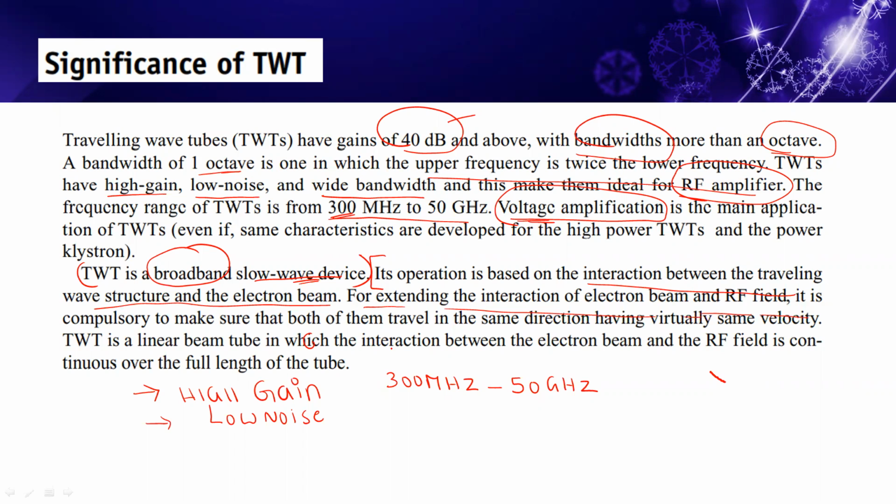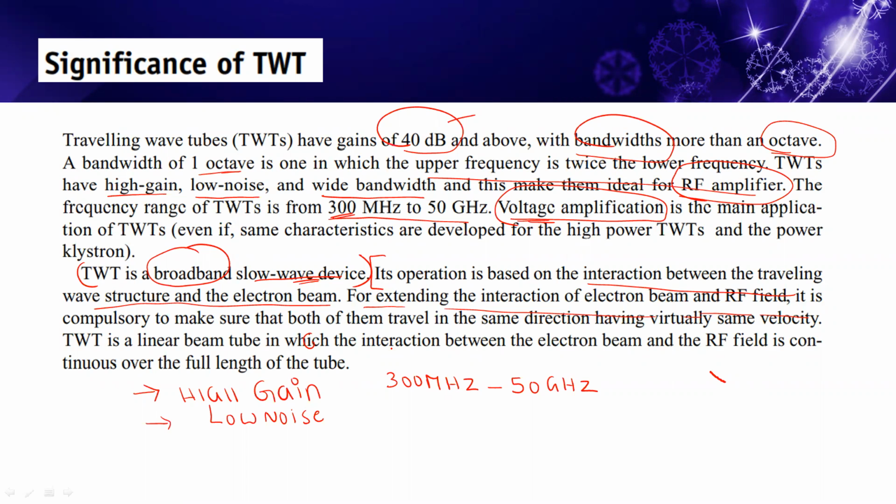In the traveling wave tube, the electron beam travels with a velocity generated by the anode voltage, whereas the RF field propagates with a velocity equal to the velocity of light. That is the main important principle of TWT.